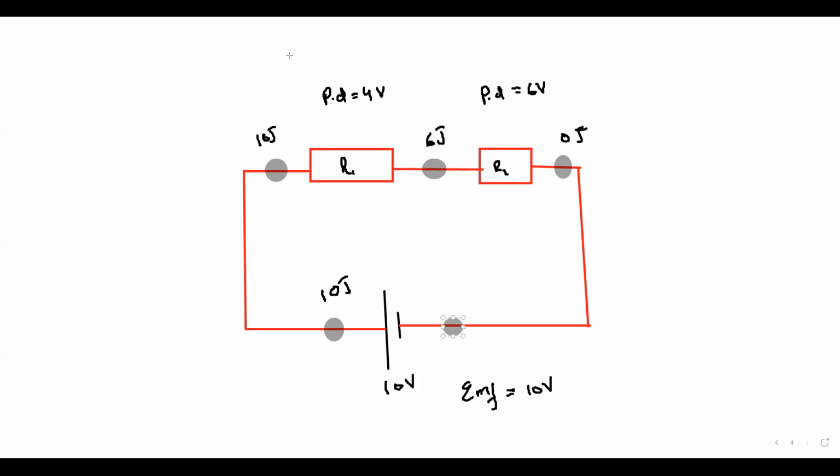Then this charge will return back with no electrical energy to transfer. So the energy transferred by the charge is called potential difference, and the energy carried by the charge due to a chemical reaction we call electromotive force, or EMF.